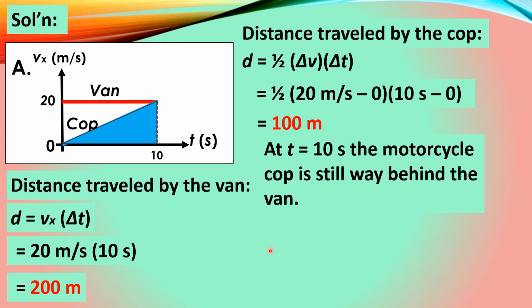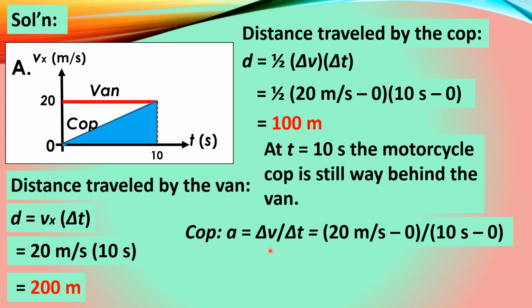And calculating for the motorcycle's average acceleration, we just use the slope formula of a velocity time graph, right? The formula for the slope of a velocity time graph is just to divide the change in the velocity, delta v, by the change in time, delta t.